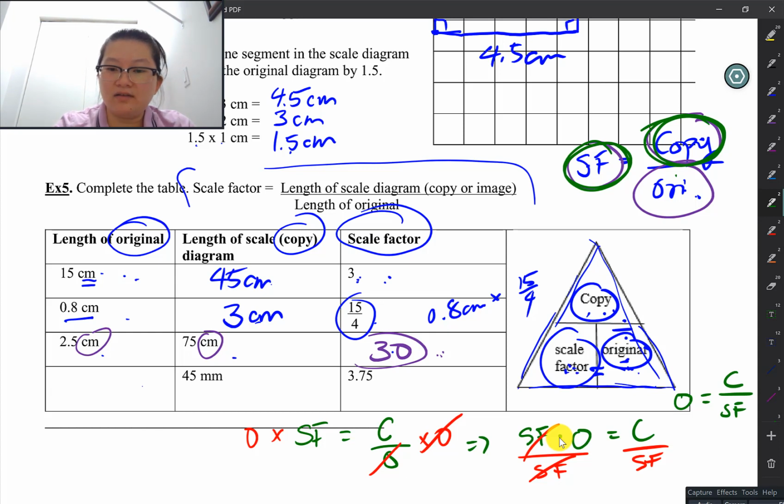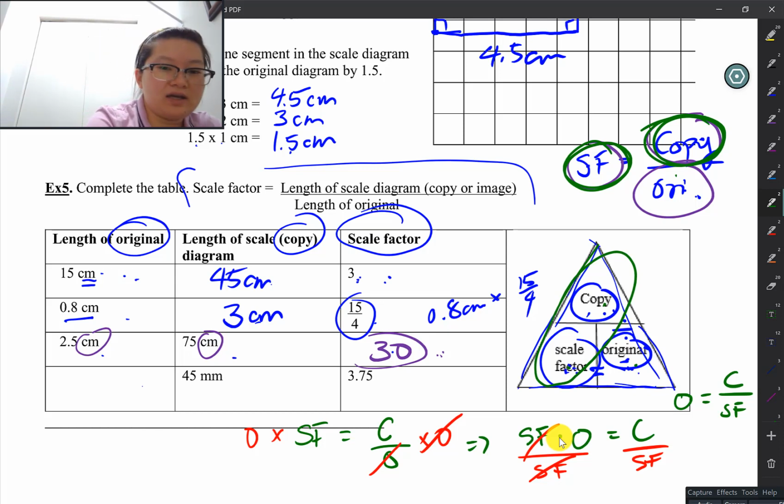If you use your triangle, then it would be this one. Copy divided by scale factor equals the original. It's almost like you take your copy and divide it by your scale factor to scale it back down. To divide by the scale factor, it's like scaling down to your original, okay?